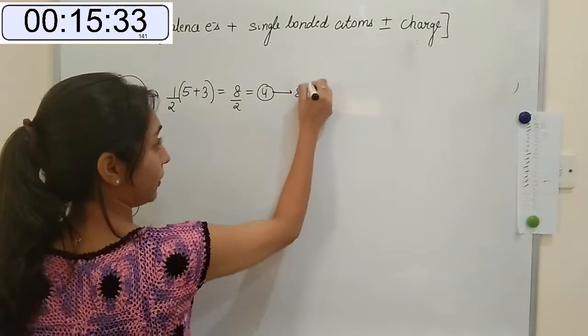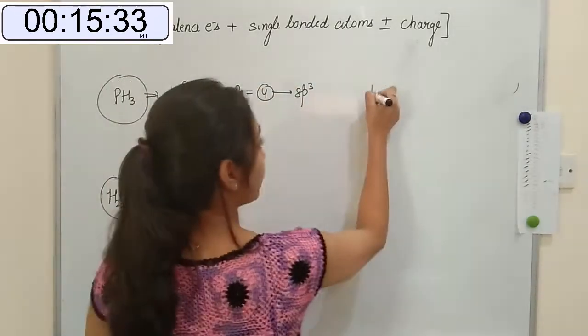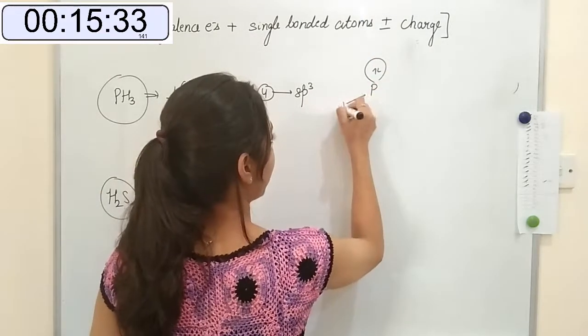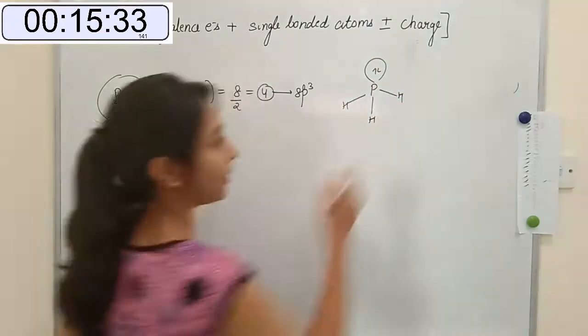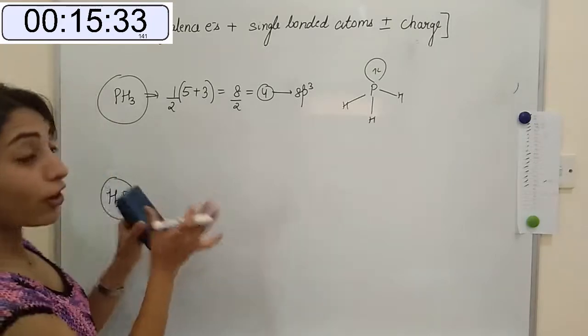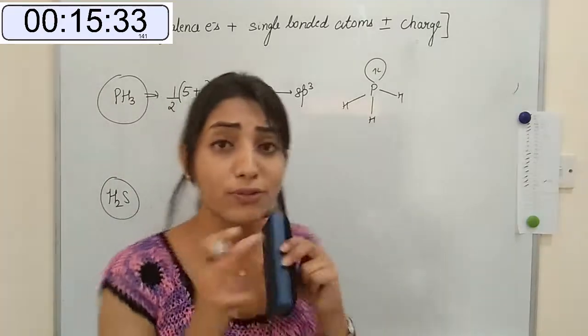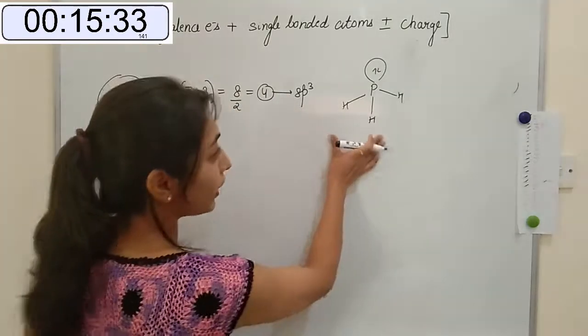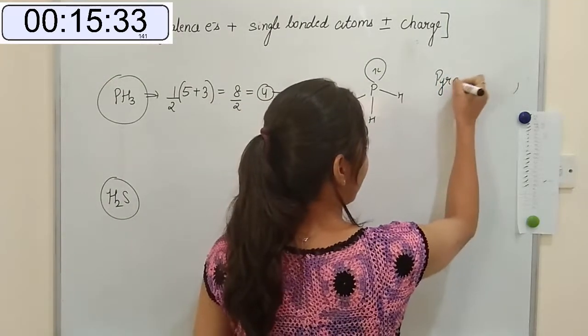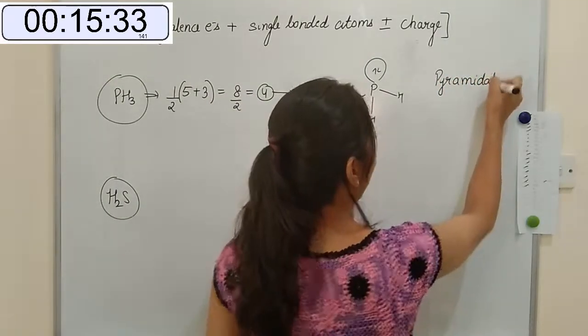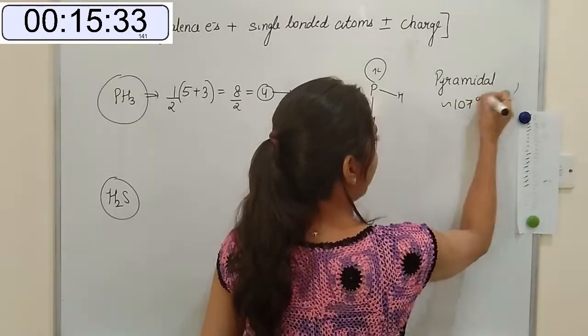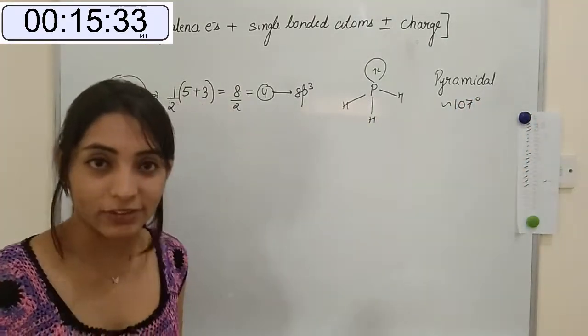That means it should be sp3. So phosphorus in the center, 1 lone pair and 3 hydrogens, right? According to CBSE, according to the traditional teaching method, the shape should be pyramidal and the bond angle should be approximately 107 degrees, right?